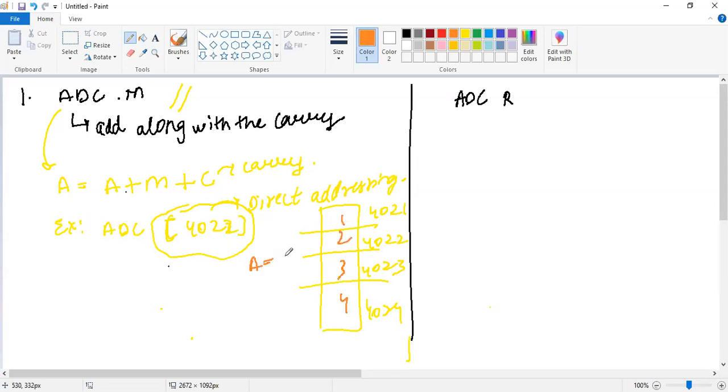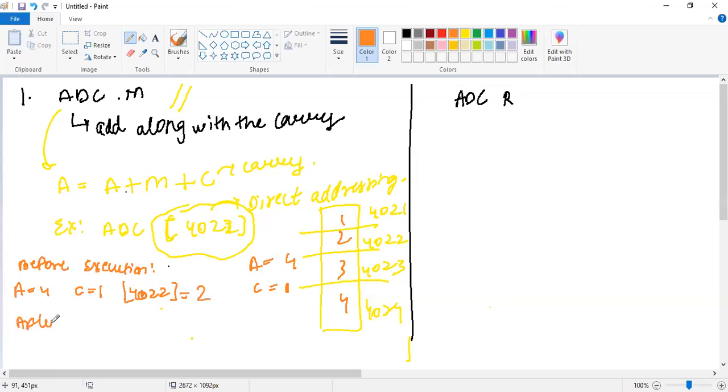Now let A be 4 and your C be 1. Before execution, your A is 4, your C is 1, and in memory location 4022 the data is 2.